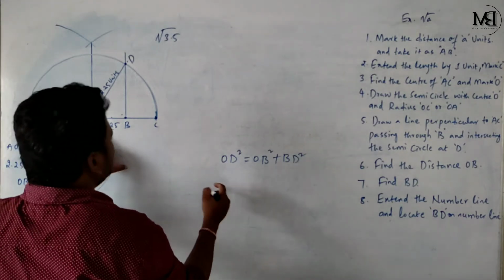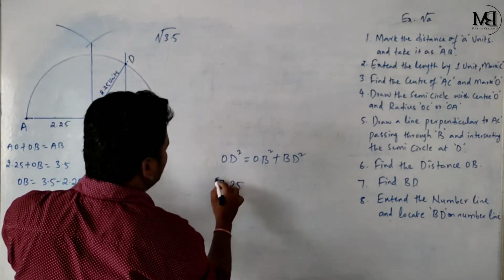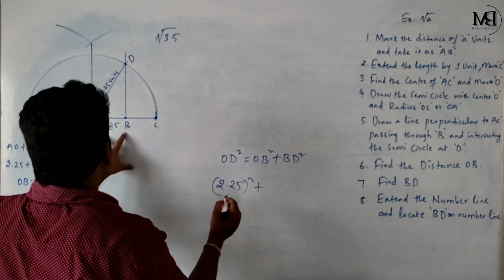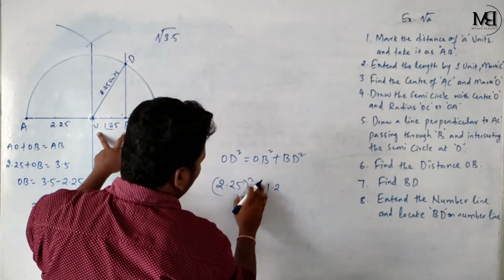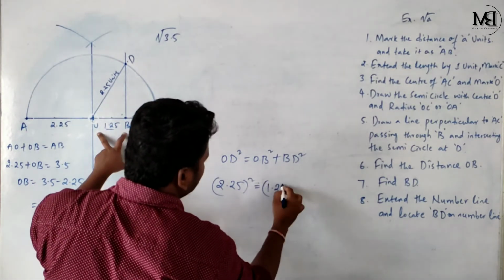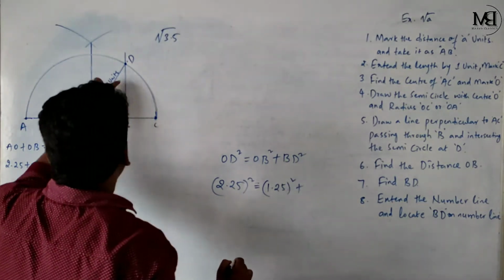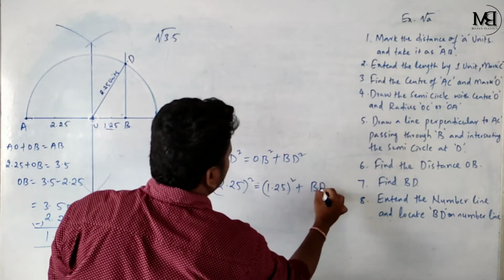What is the value of OD? OD is 2.25 whole square. And OB is 1.25 whole square. And BD is what we are going to find.